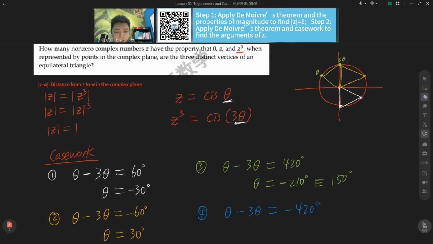Negative 420. And we have theta, I think this time it is 210 degrees. Or I can have this as negative 150. So it should be right here, that is theta. I'm gonna go right here. 210.